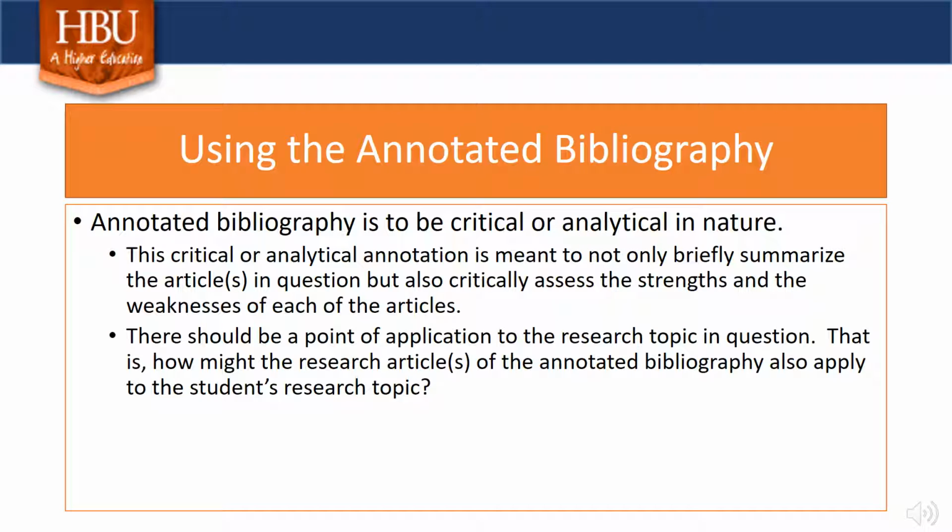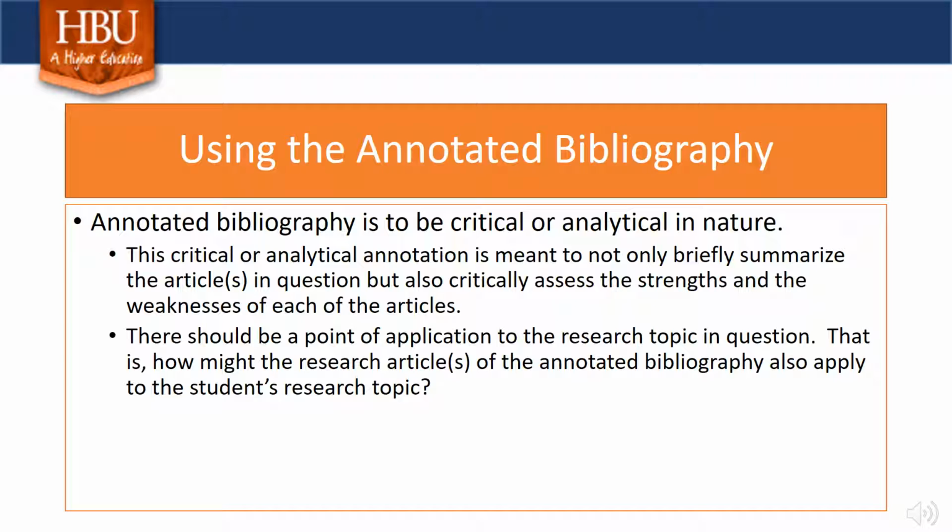For the sake of our project, students will be completing an annotated bibliography. The goal of it is to be critical or analytical in nature. It will require that you examine the current literature on your topic and briefly provide a critical or analytical discussion about the article.